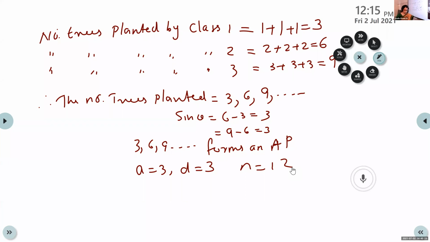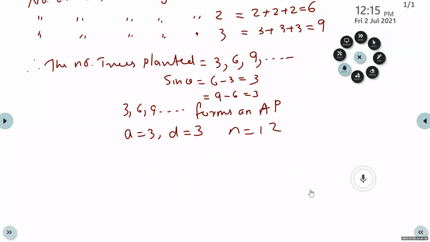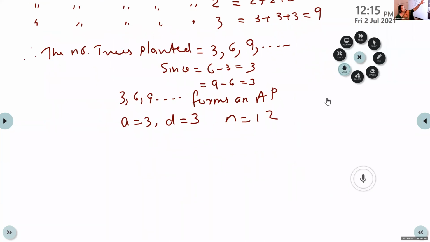So n equal to 12. And what we need to find in this question is the total number of trees, S n. Here, since n is 12, it is S12. So the total number of trees planted by the students.